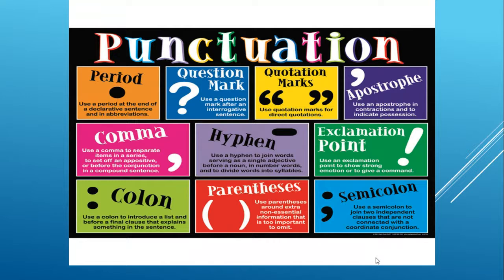Then you can have quotation marks if you are using someone else's exact words, or if you took something directly from the internet, you must use quotation marks. This is very important in APA writing, but it has to be the person's or the article's exact words, and you must have a citation.